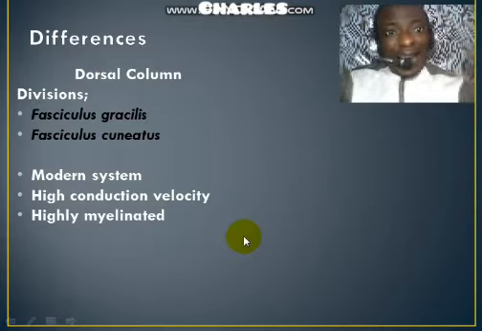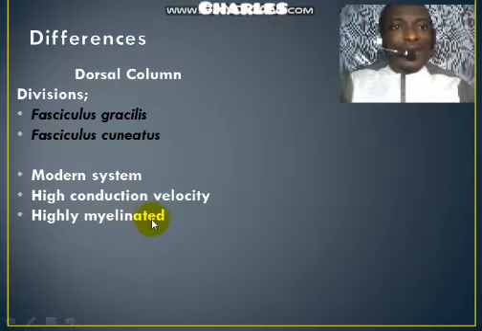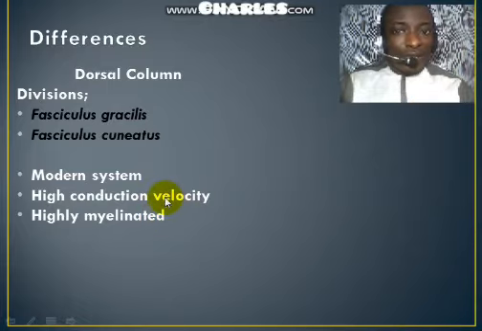This is because action potentials in myelinated neurons are transmitted very fast. So any neuron that is myelinated, you know that the conduction of action potential is very high. Hence, the conduction velocity of these tracts is high.